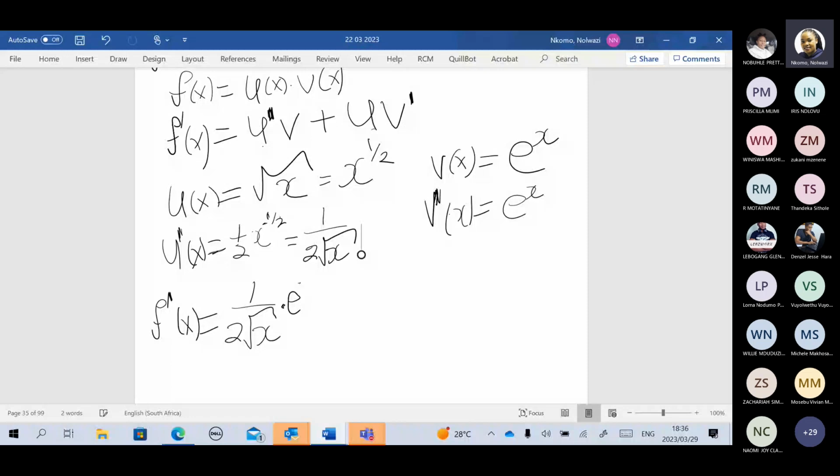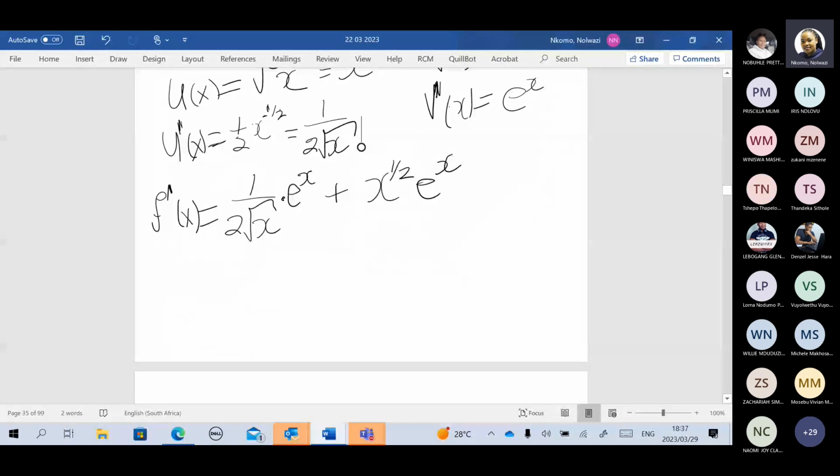Plus we have our u, which is x to the power 1 over 2, times our v prime, which is e to the power x. You can leave it here, right? Because we still want to find f prime prime and the third derivative.